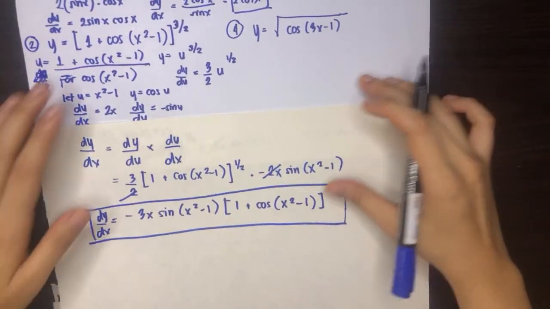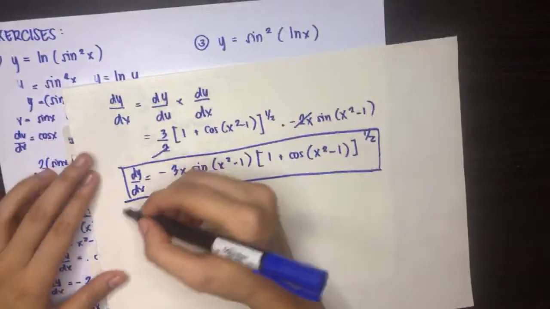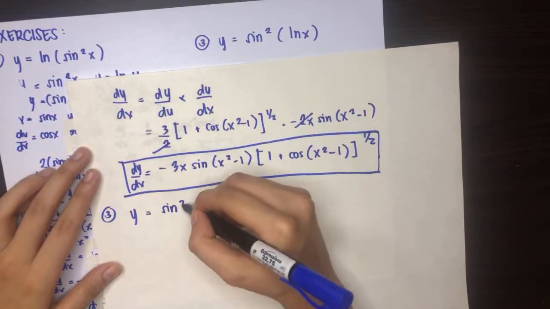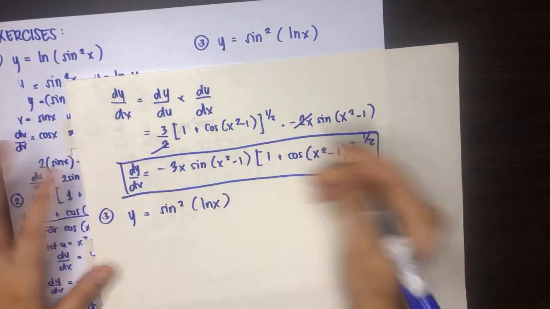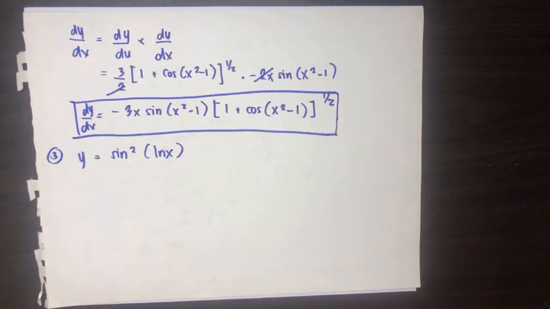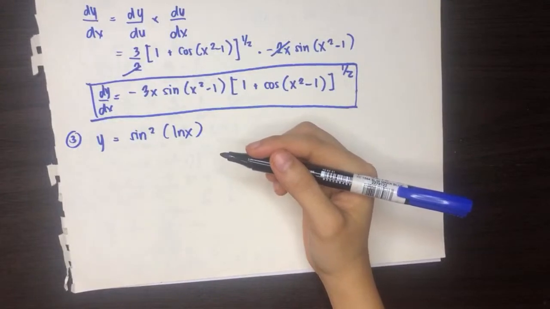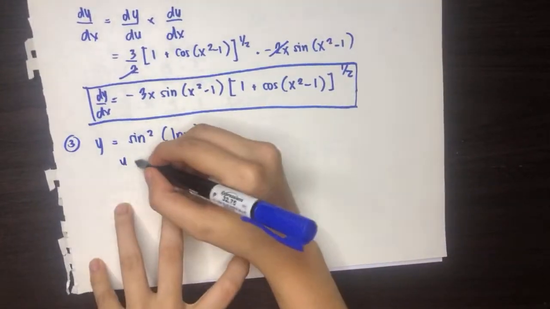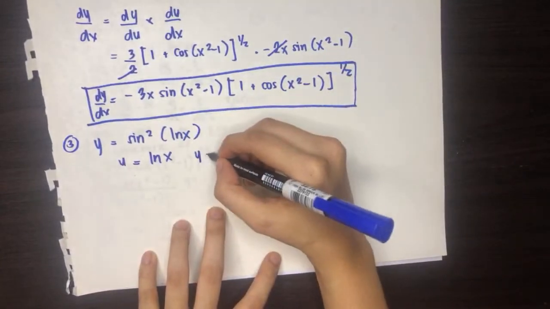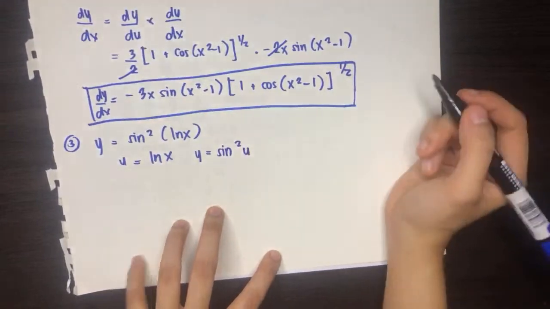And then, for number 3, so si number 3 is y is equal to sine squared ln of x. Ililet ko naman si u as ln of x, and my y is sine squared of u.